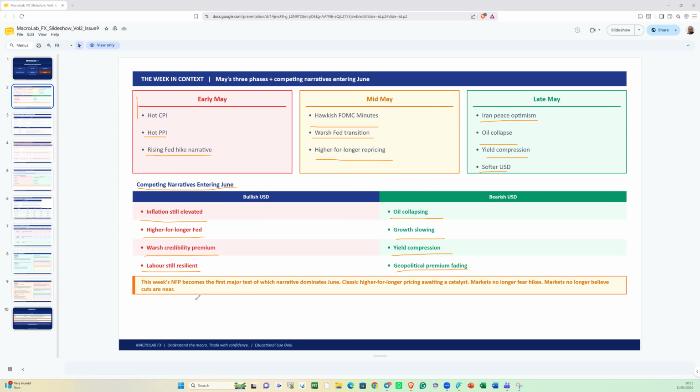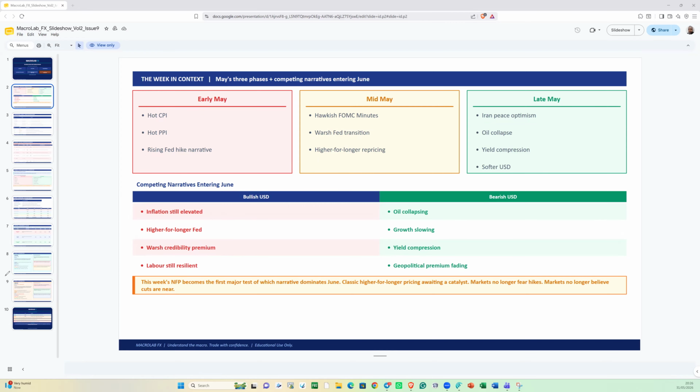So if we get that data, it gives us a view to be one of our classic data for the month of June, to see how the labor markets are faring, and what can we extract from that data into the current macro regime. So that is that for the second slide.